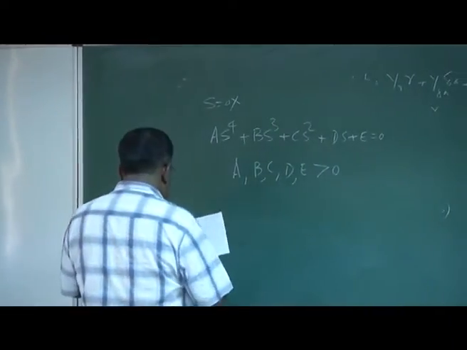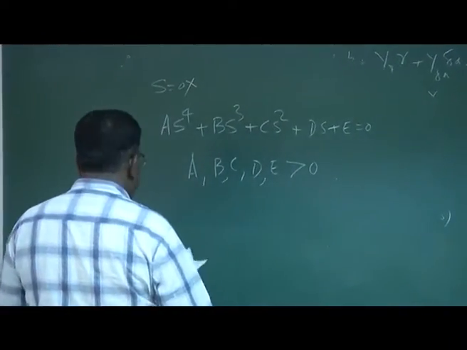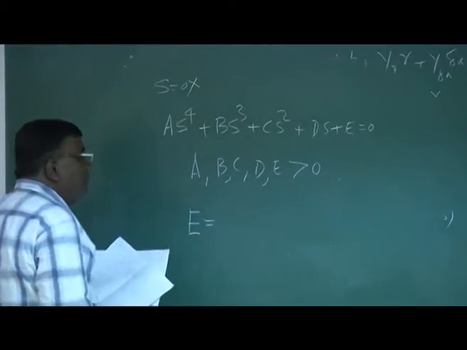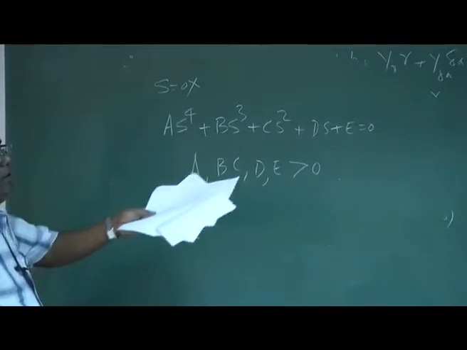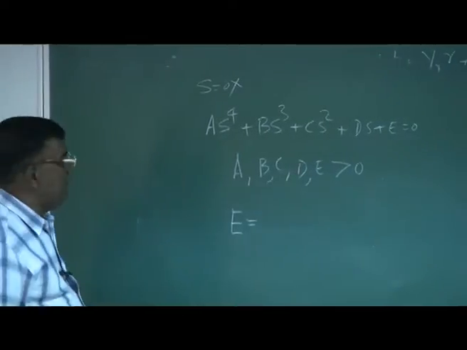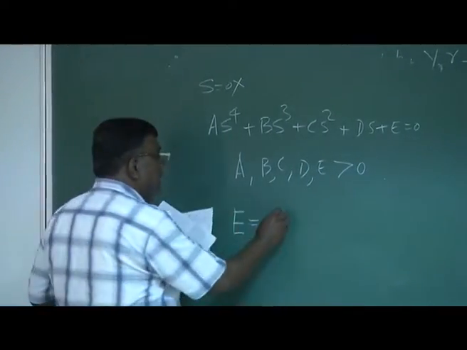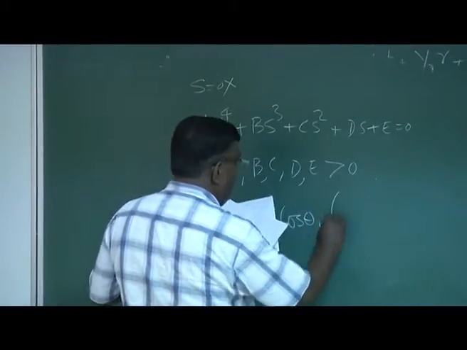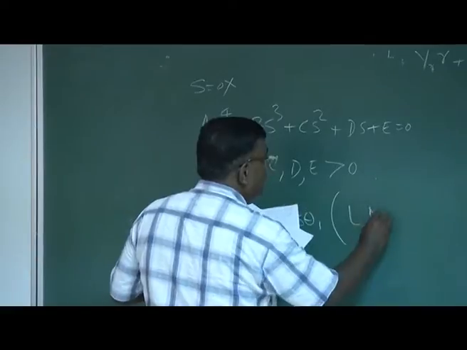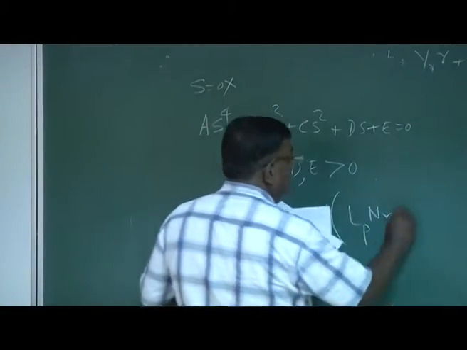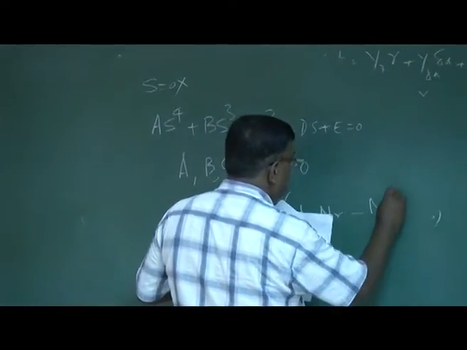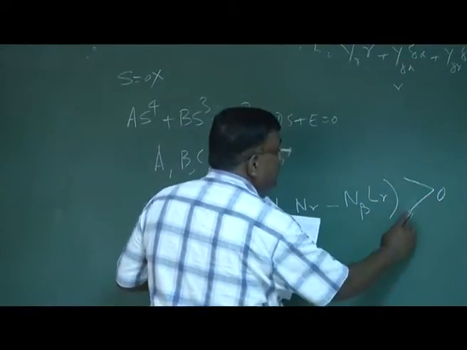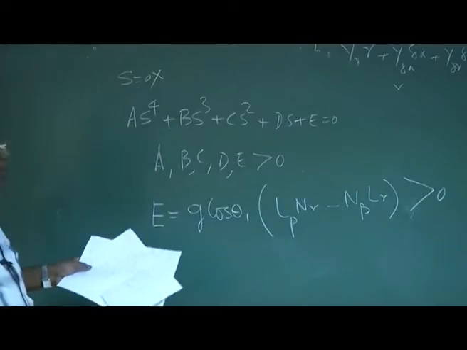So here also interestingly, if I see the expression of E, which I have not derived here, but you can do yourself, nothing great, if you take the determinant here, you will find E is something like this: g cos theta 1 times (L_P N_R minus N_beta L_R). So the condition of E greater than 0 is this, right?